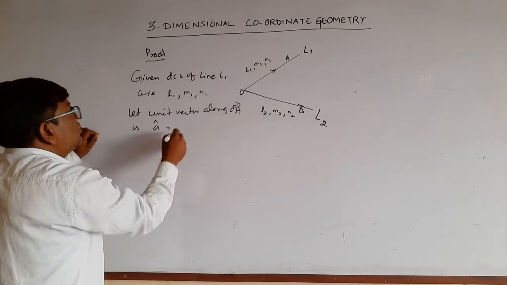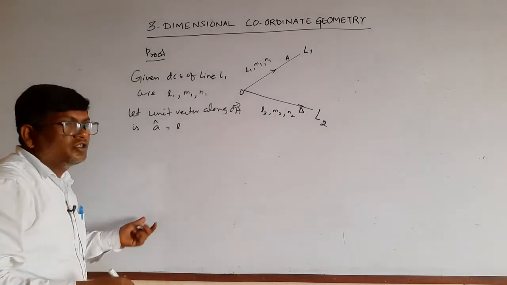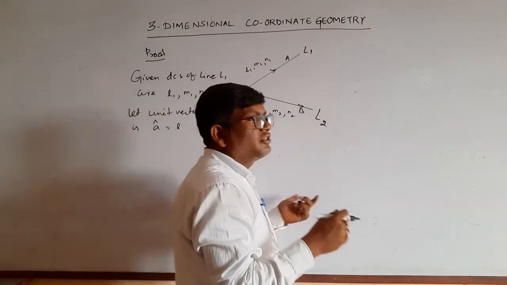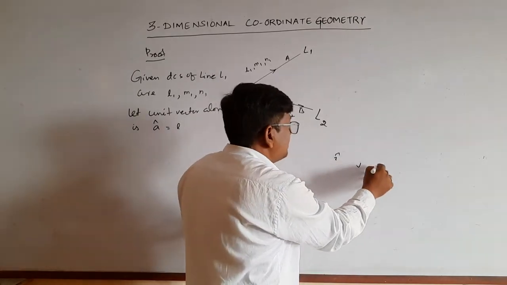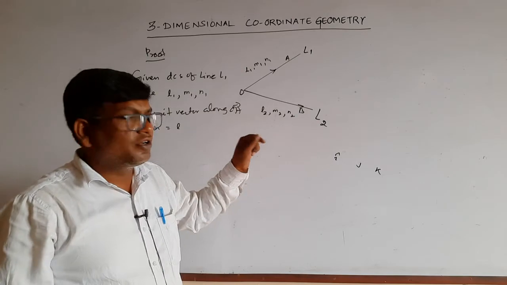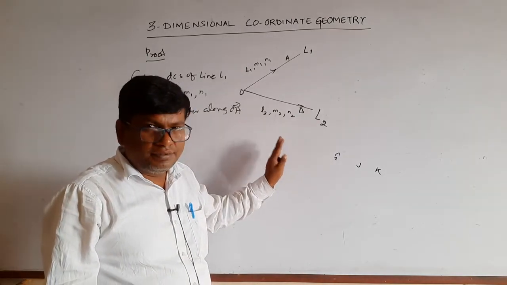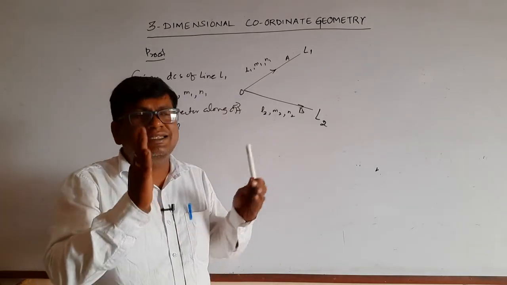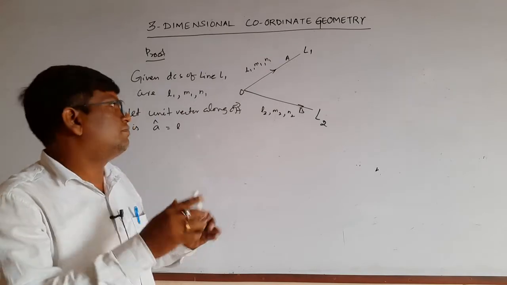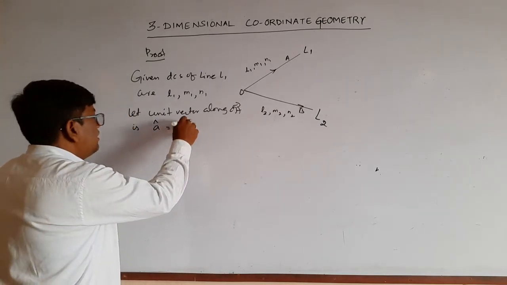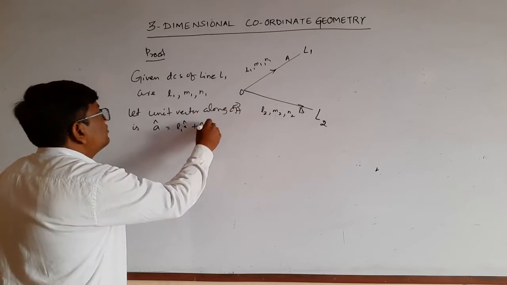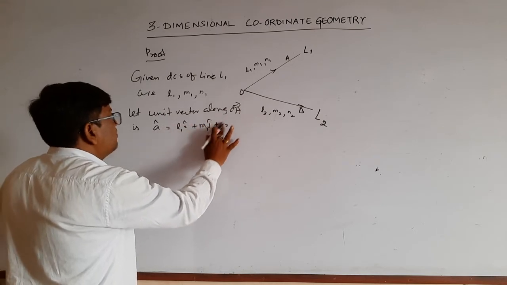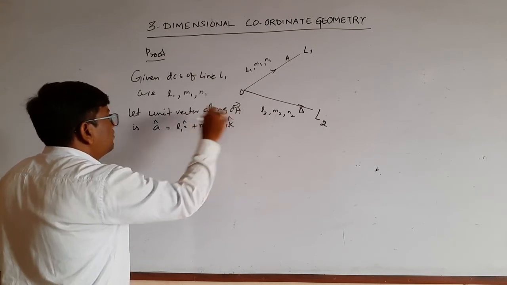So A cap is equal to L1 i cap plus M1 j cap plus N1 k cap.